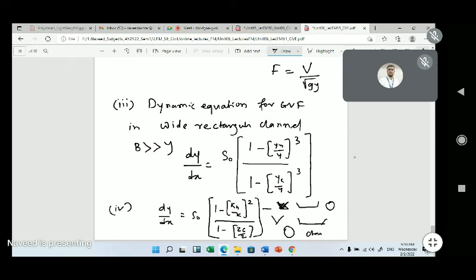So these are the dynamic equations, and they are useful for solving examples.